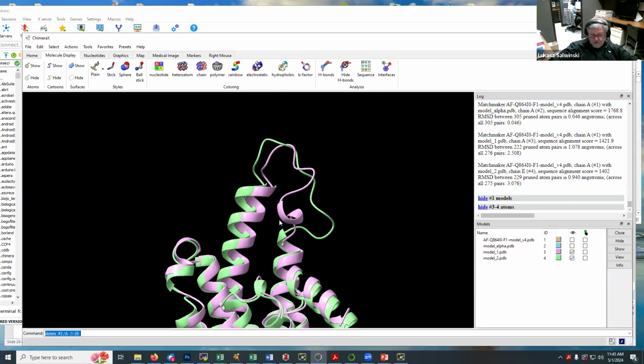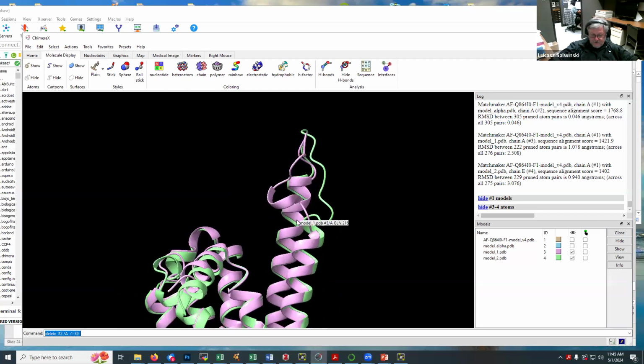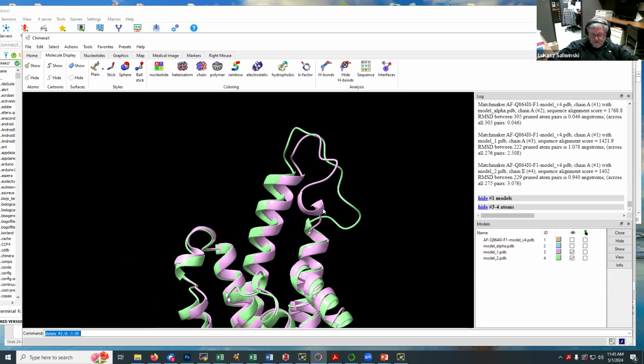So clearly there are differences, and this emphasizes the importance of trying to find a model that's as close to your sequence as possible in terms of sequence similarity, especially in the regions that you're interested in, because then some of the models might be better explaining your experiments than others.